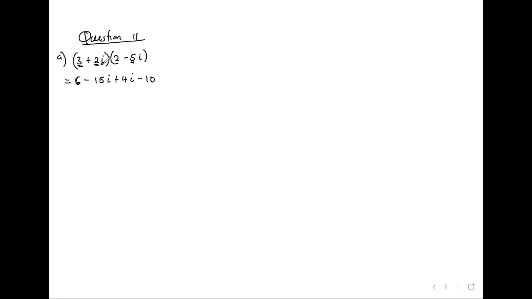Then i times i, we get i squared. But this is 6 minus 11i, so 6 minus 11i minus 10 multiplied by negative 1.